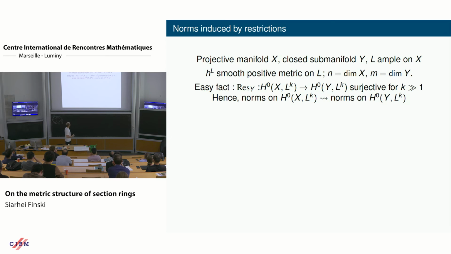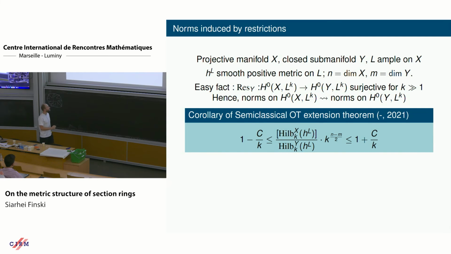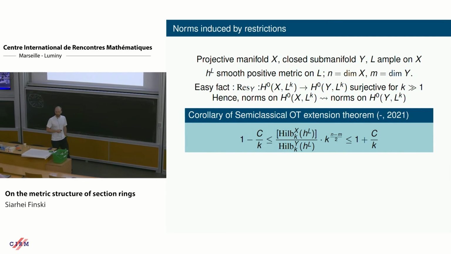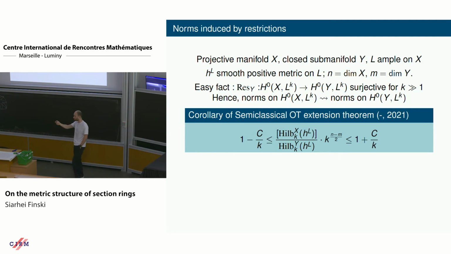And in particular, if I'm considering norms on the global manifold, they will induce, by this quotient construction, norms on the submanifold. And the corollary of the semi-classical Ohsawa-Takegoshi extension theorem tells you that actually the norms induced by this quotient construction from the Hilb on the global manifold are essentially equal to the norms constructed by the Hilb construction on the submanifold.